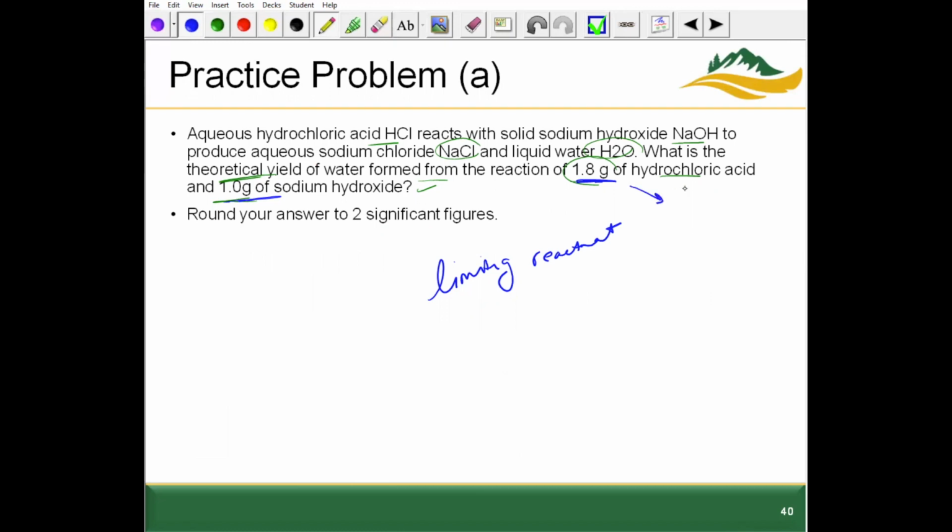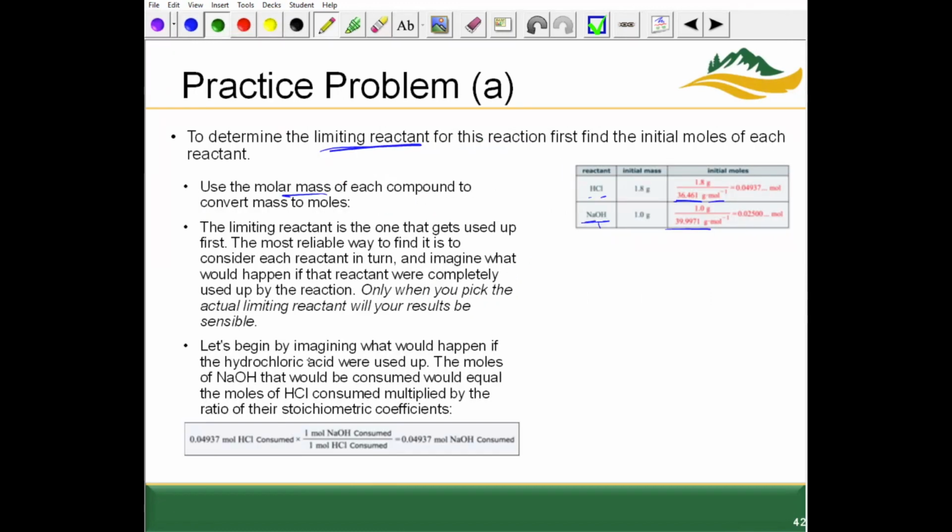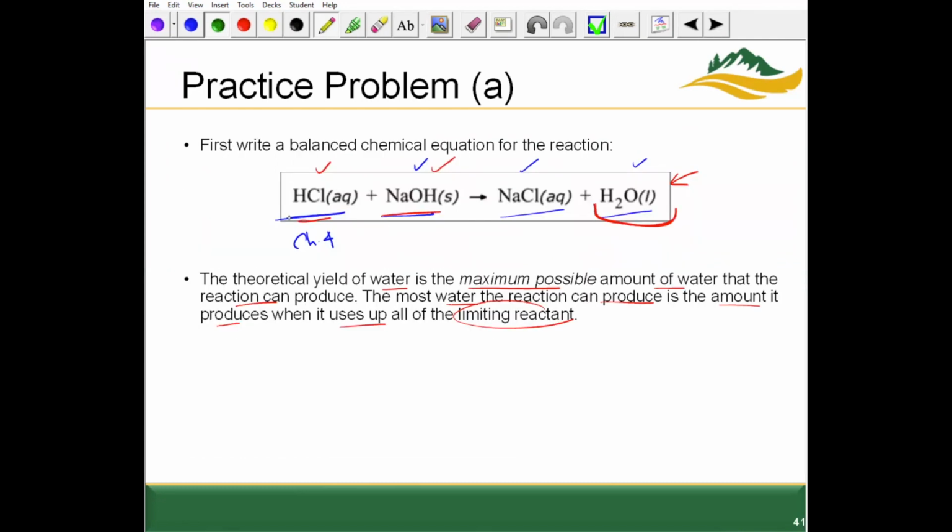We first want to convert those into moles. Let's first assume that all of the HCl, or hydrochloric acid, is used up. That means we're starting with 0.04937 moles of HCl.